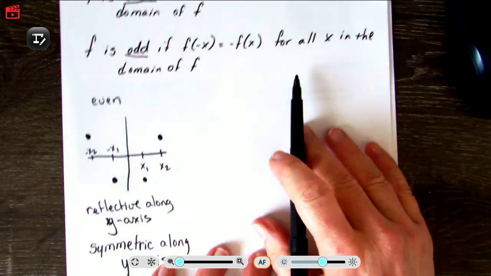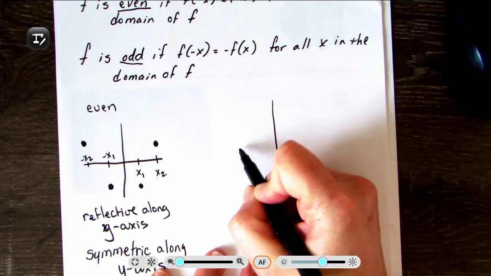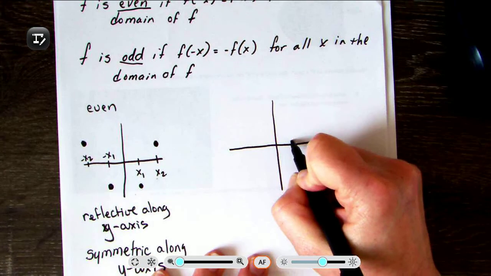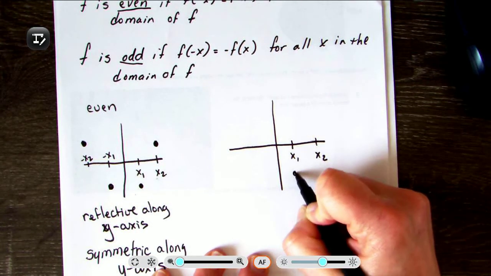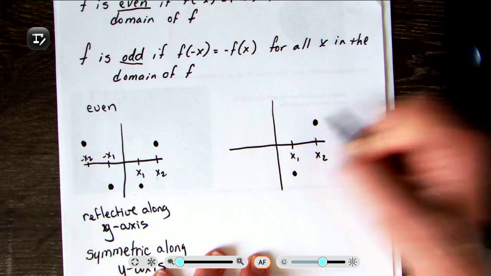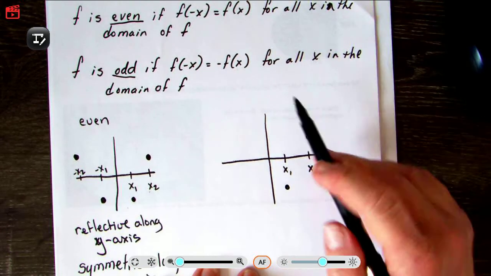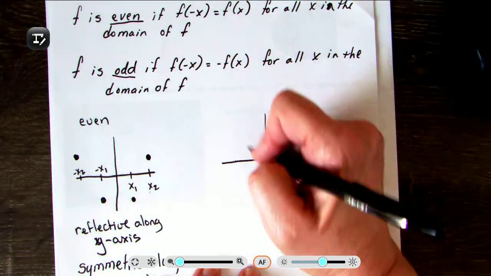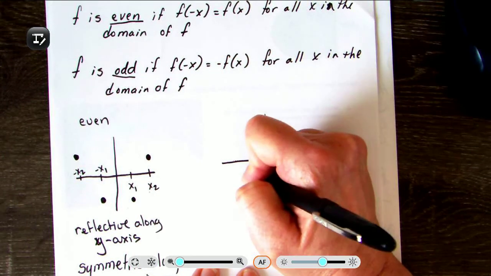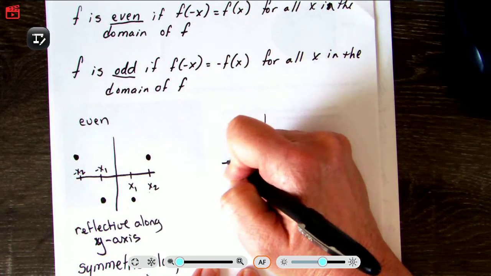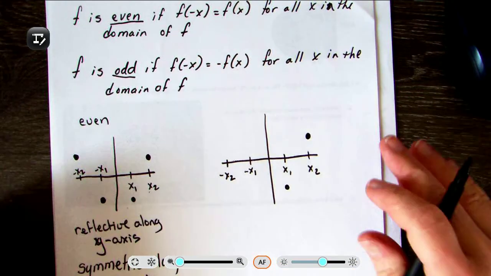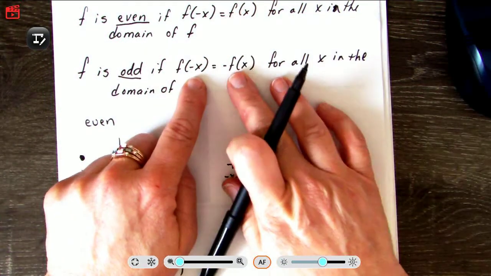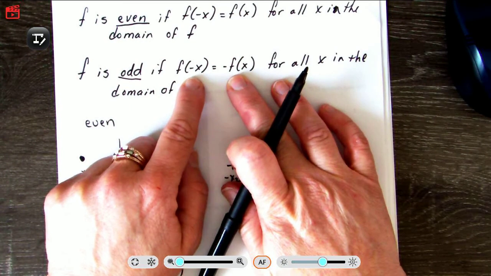If we are an odd function, here's my x1 and my x2, and I'll give them the same y values that I did here. Now the negatives will also be in there, so negative x1 and a negative x2. So they first of all have to exist, but now you'll notice that the y values will be of opposite sign.